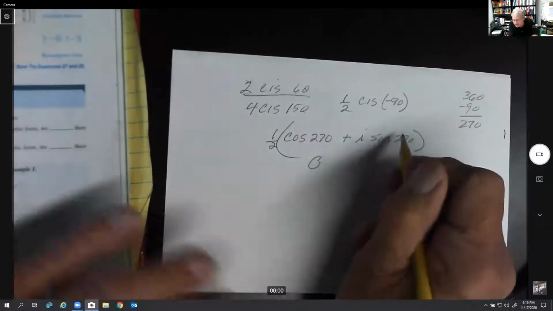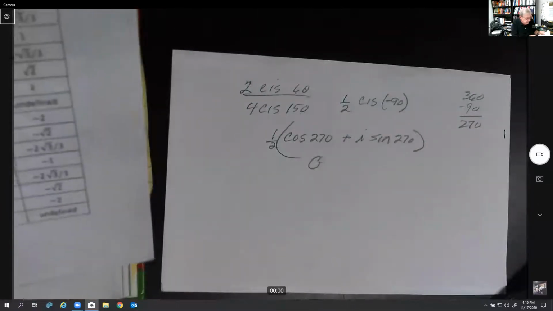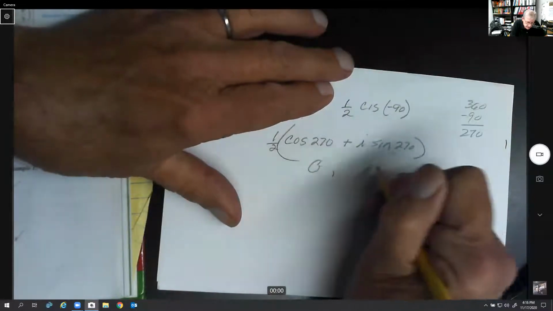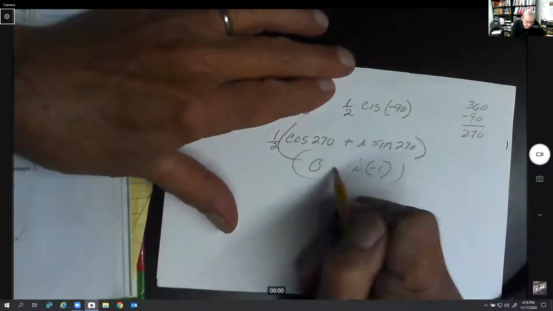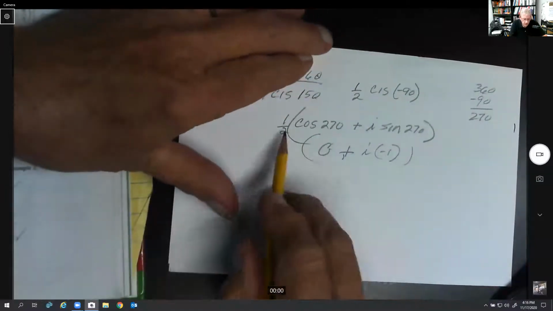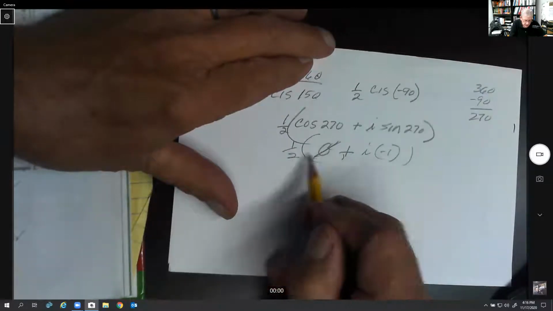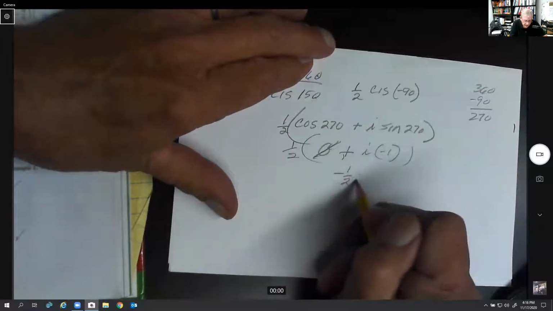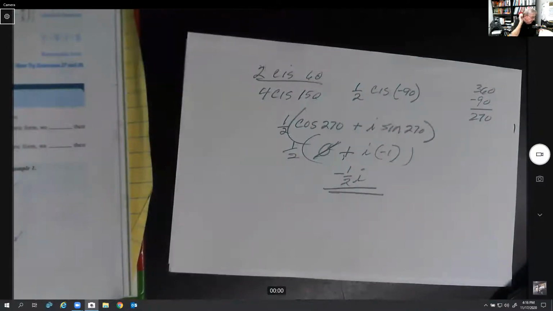And sine of 270, I think, is let's see, -1. I wasn't sure if it was -1 or +1. So this is i times -1. So 1/2 times this, well, 0 is just 0, we don't need that. So this would be 1/2 times -1, which is -1/2 i if you wanted to simplify it down.